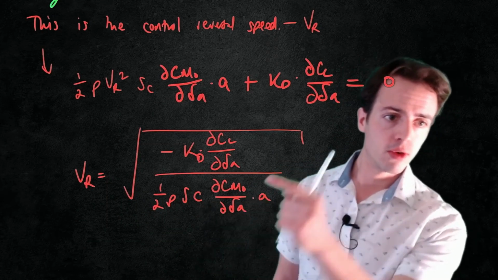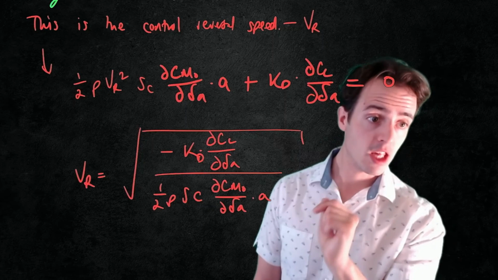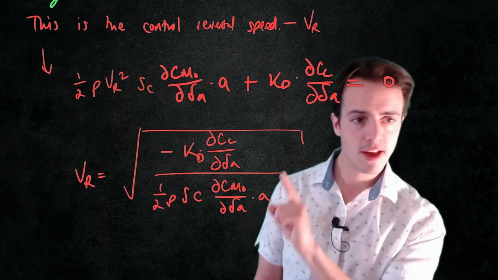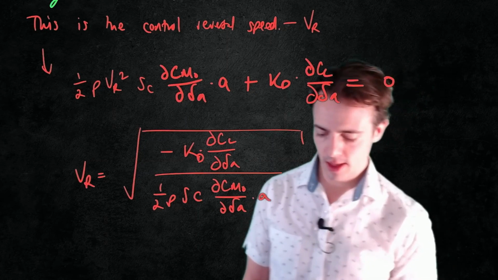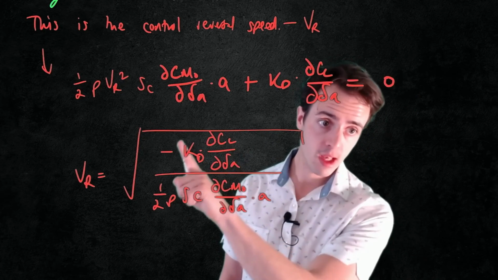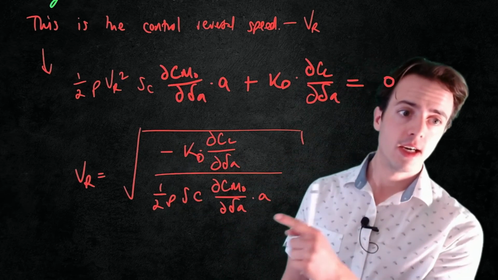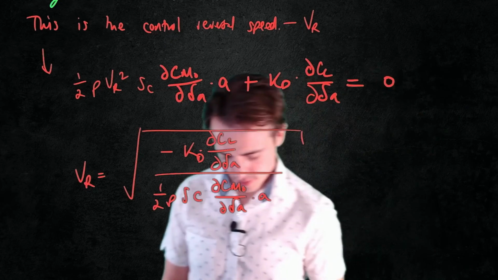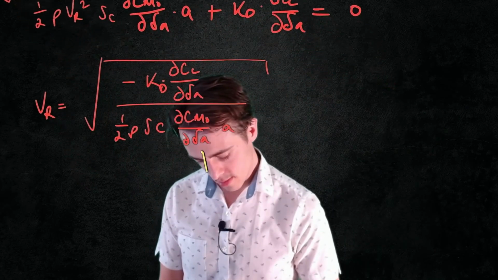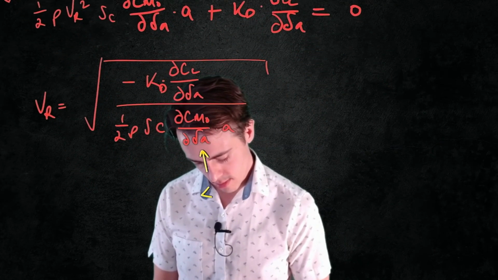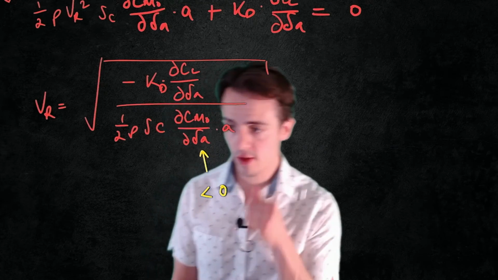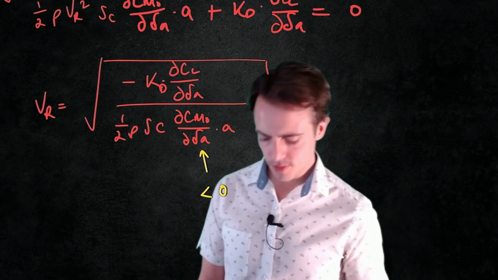Wing area, chord, rate of change of the pitching moment coefficient with the aileron deflection. This is going to be a negative number, so this whole expression is a positive quantity because we've got a negative numerator, and then we've got this lift curve slope here. Okay, so just remember that one's going to be less than 0.